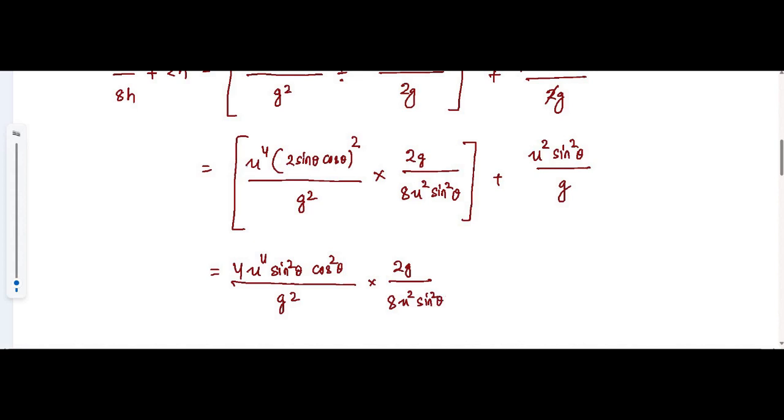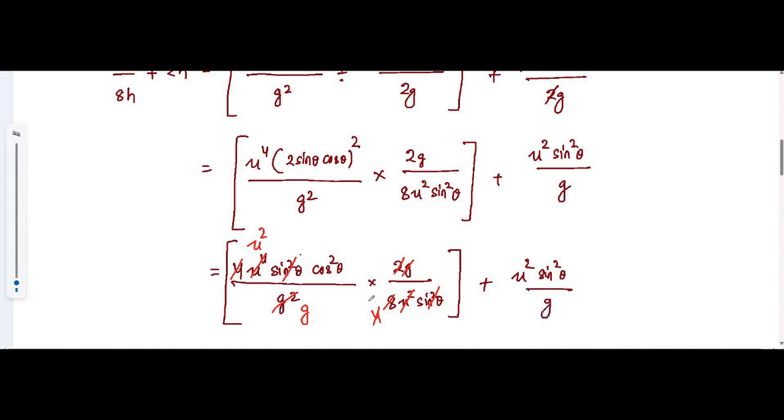Okay, so now the cancellation will happen. 2, 8, that is 4, 4 gets cancelled, sine square theta gets cancelled, u square, this becomes u square here, and this g will cancel, so becomes g. So here we have, this remaining, let's keep it in the bracket, and this is same, u square sine square theta by g.